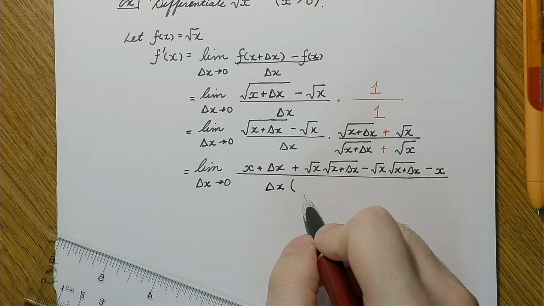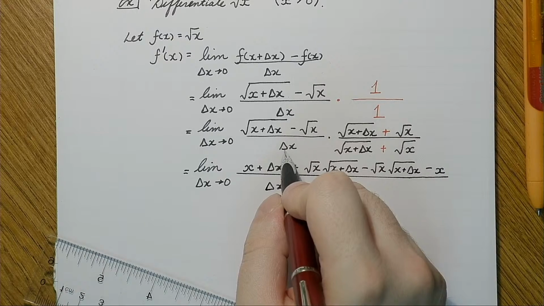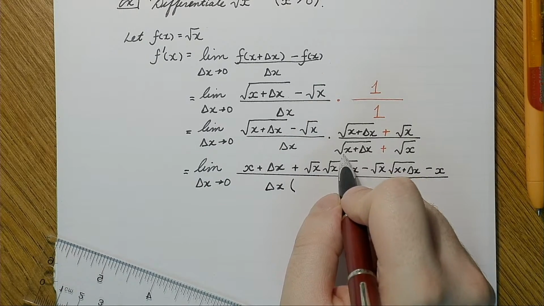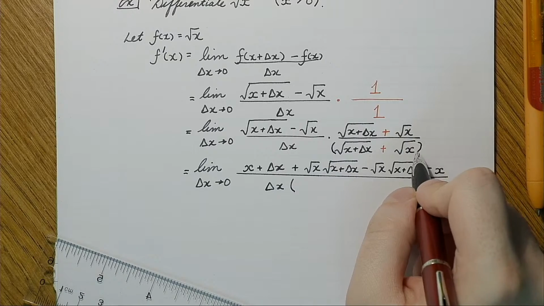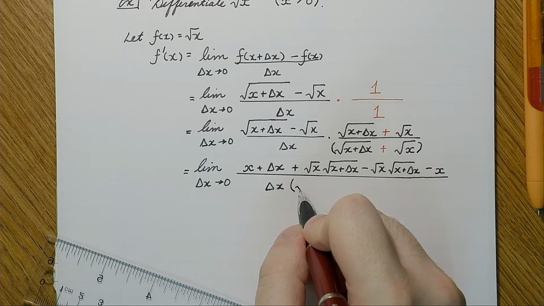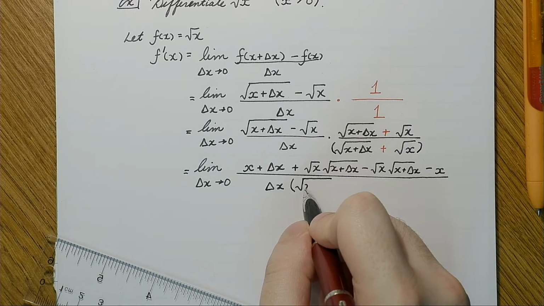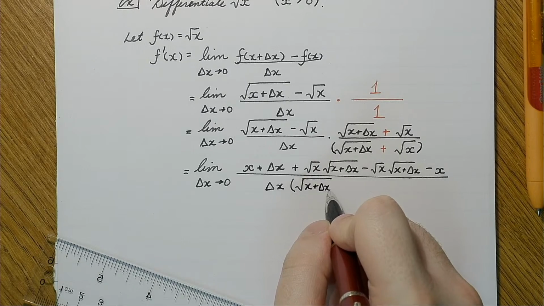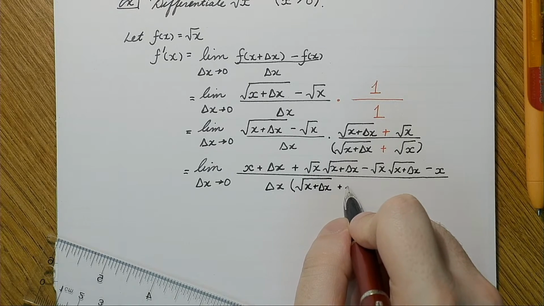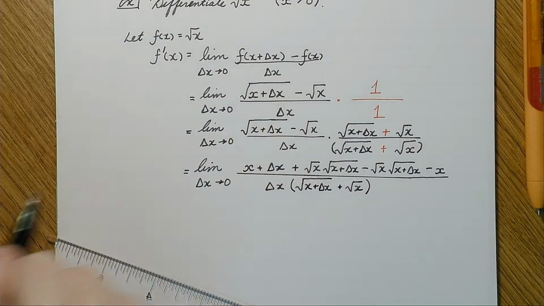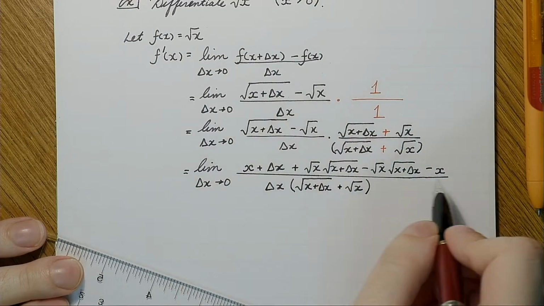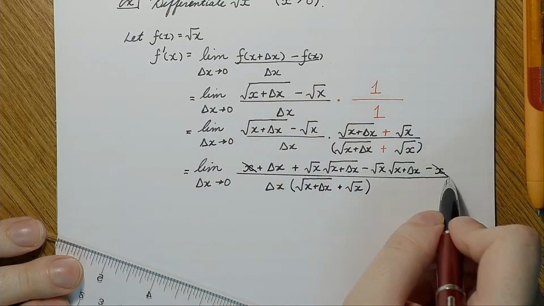And in the denominator, be very careful because this is a delta x and we're multiplying by all of this. This is all together in one term right here. Okay, so now I can cancel out, I have an x and a minus x, so that cancels.